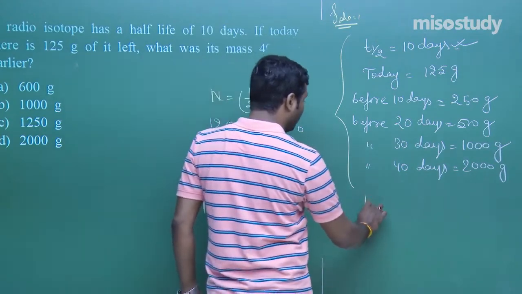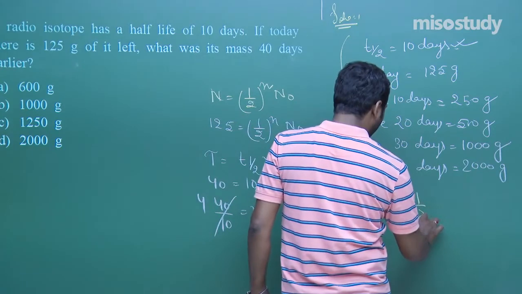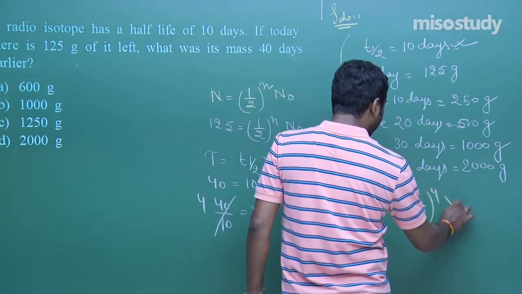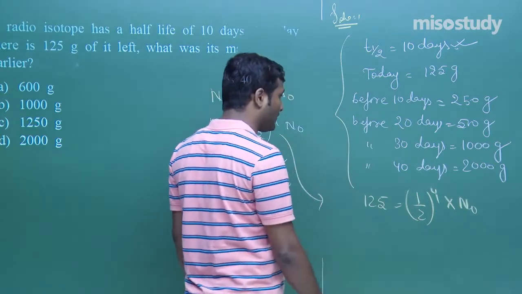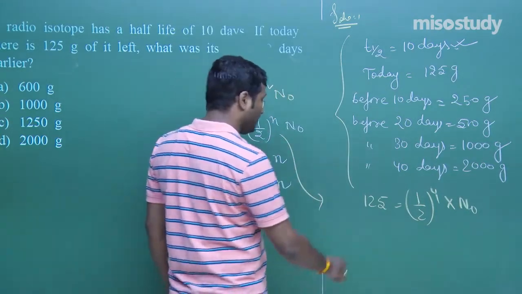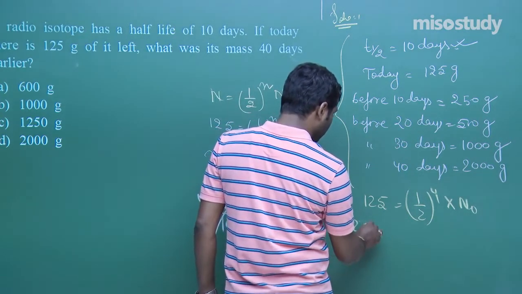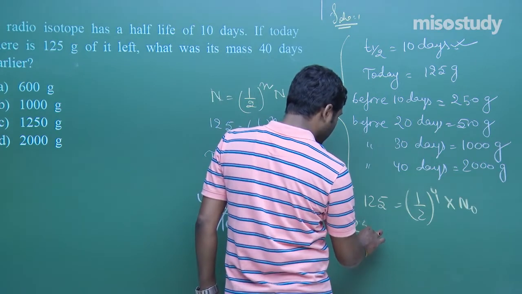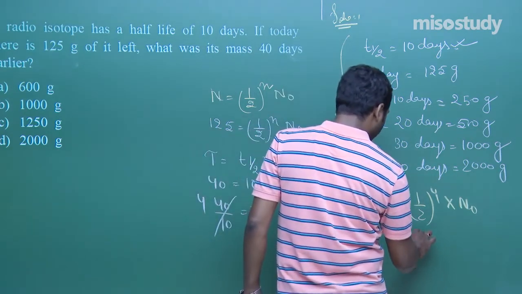So what will happen? 125 is equal to 1 by 2 to the power 4 into n naught. Now 1 by 2 to the power 4, what will happen in this case? That is 16. Yes sir, that is 125 into 16 is equal to n naught.